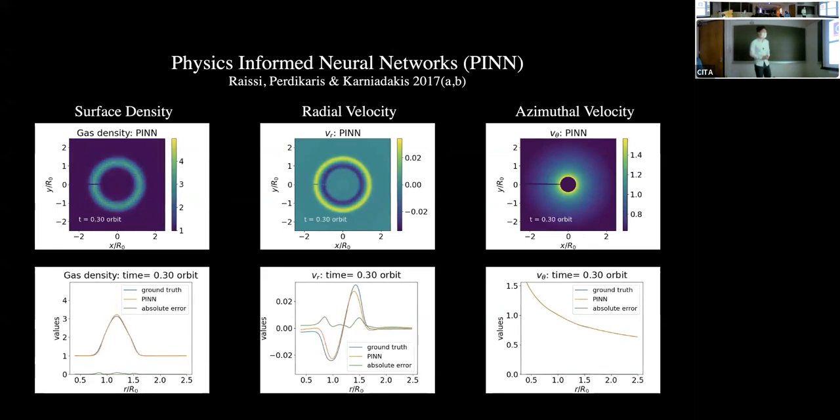Very simple physics. So in surface density, our neural network gets an absolute error on the order of 1%, so not too bad. For radial velocity, it's an order of magnitude bigger. The errors are now 10%. For azimuthal velocity, the errors are tiny. You don't even get to see them on this scale. What does this even mean?